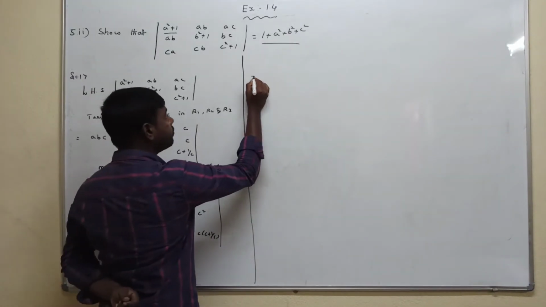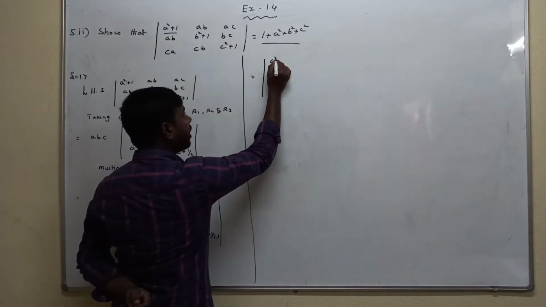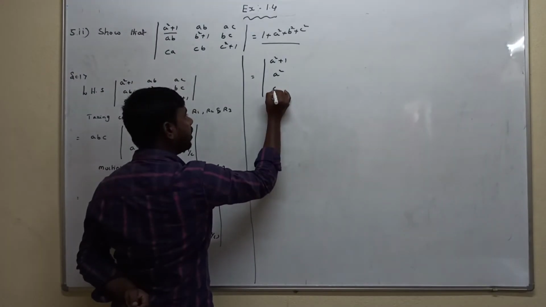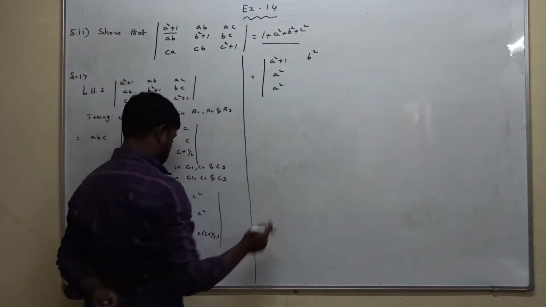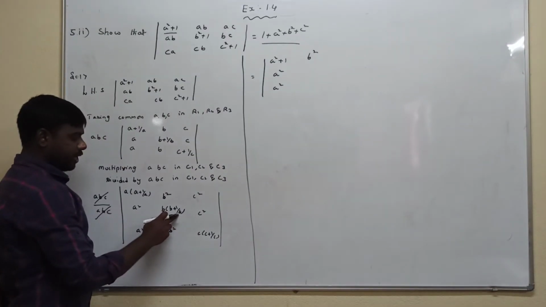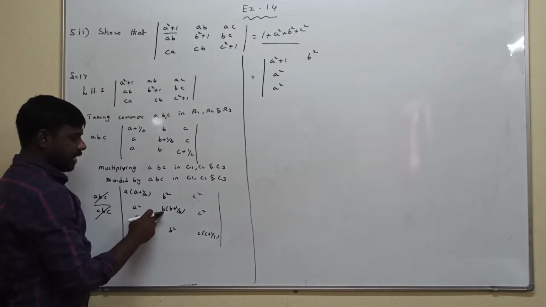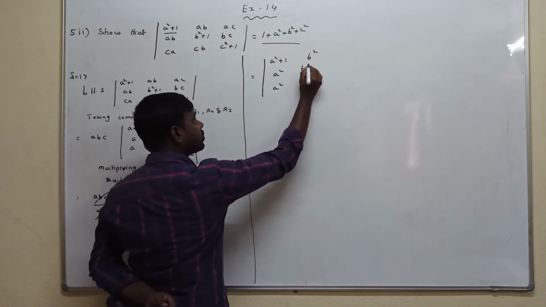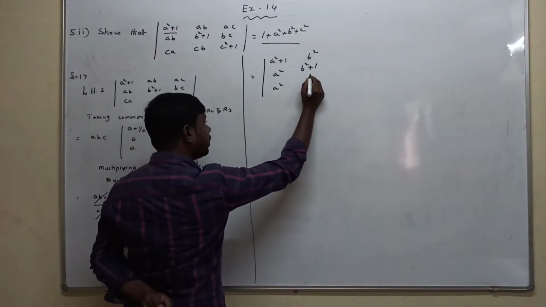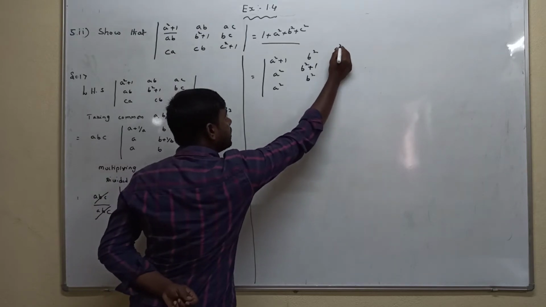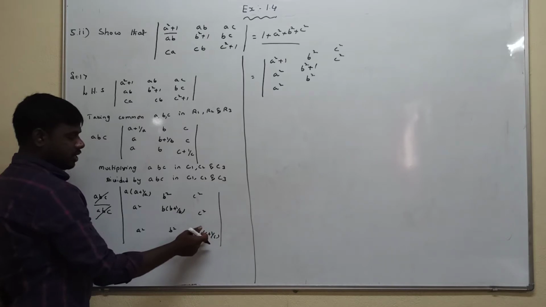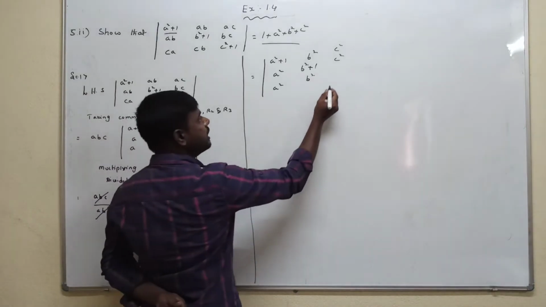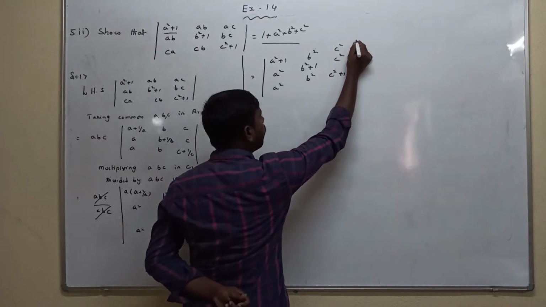We get A square plus 1, A square. Next is B square. Now taking LCM, B square plus 1 by B, the B gets cancelled. We get B square plus 1. Here B square, C square. Now taking LCM, C square plus 1 by C, numerator C, denominator C get cancelled. We get C square plus 1.